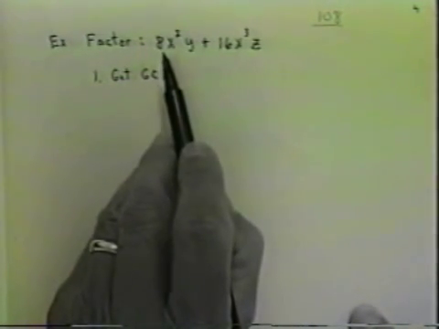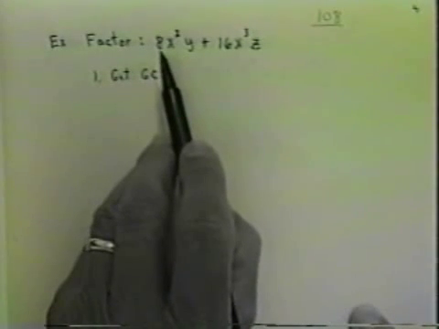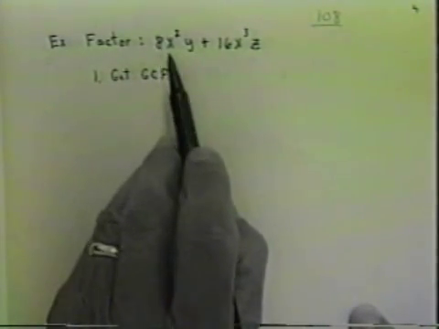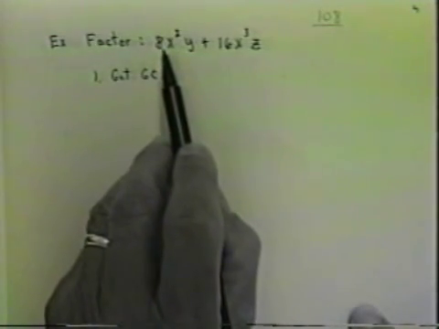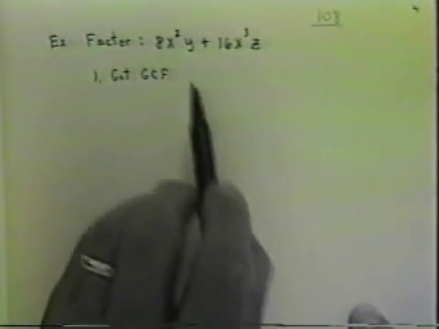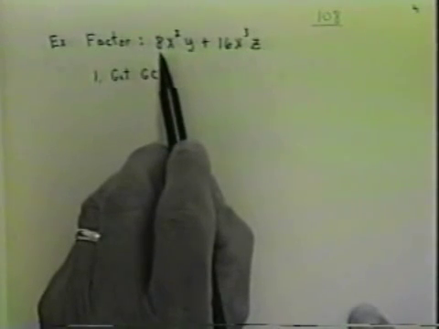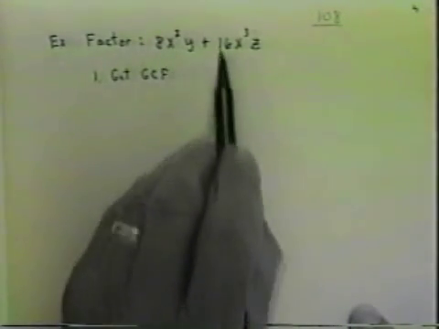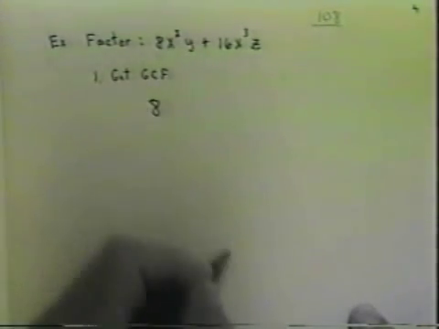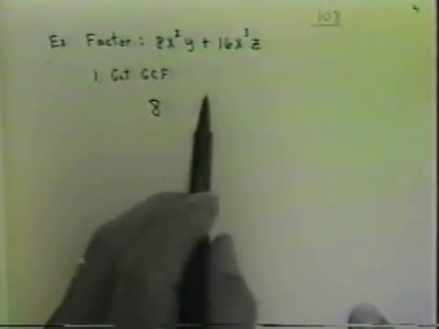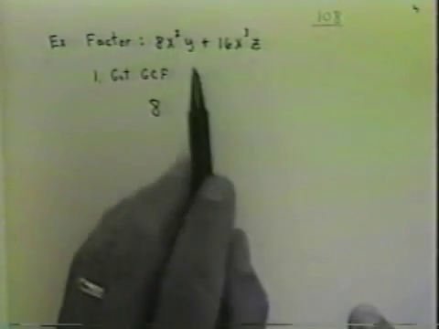The first step in getting the greatest common factor is to find the largest number that would divide all of the numerical coefficients. The numerical coefficients are 8 and 16. So we want the largest factor that would divide both 8 and 16. Well, that is 8.